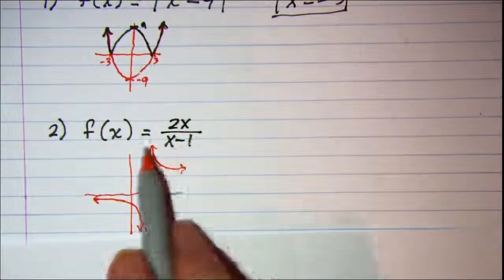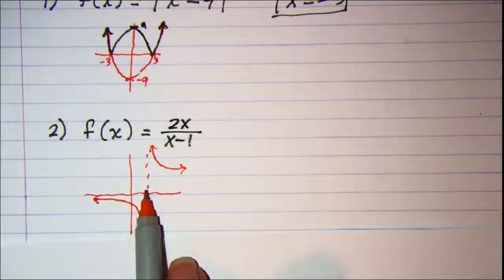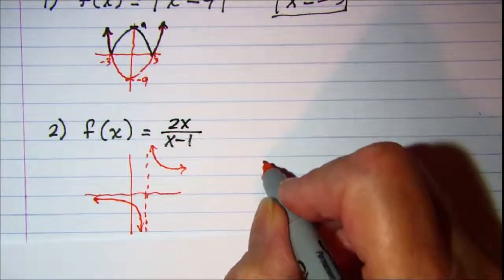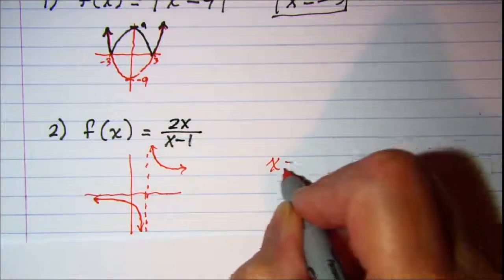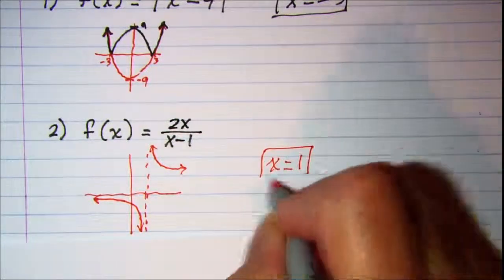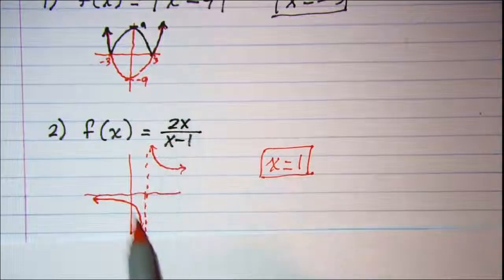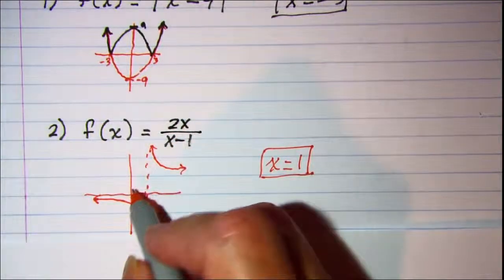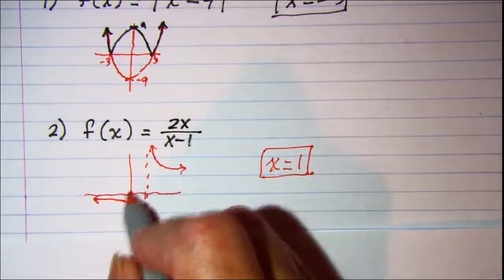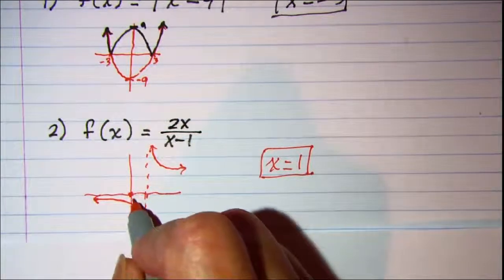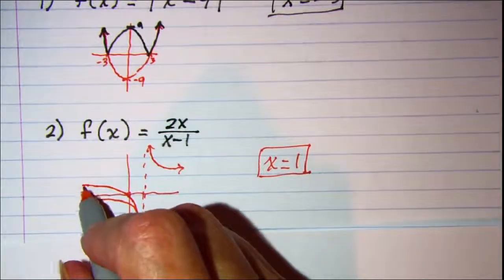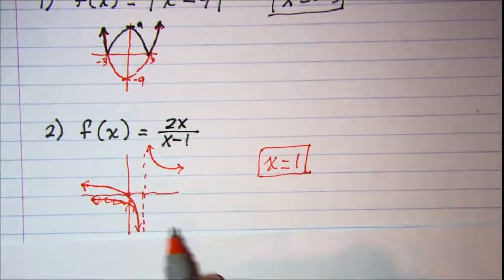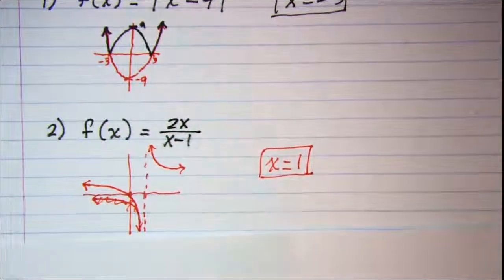So our function is not continuous at x equals 1, which means that it's not differentiable at x equals 1. And this graph actually, when x equals 0, y equals 0, so it actually goes through the origin, but it's still not differentiable at x equals 1.